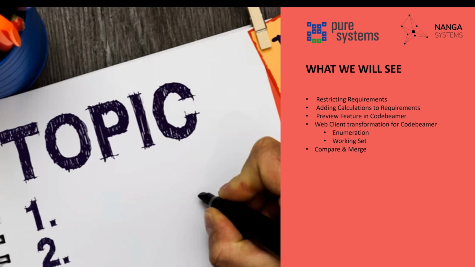Here we will see the enumeration transformer and the working set transformer. And last but not least, we will have a deep dive into the compare and merge topic, that means how we can compare and merge product line and variant-specific changes.